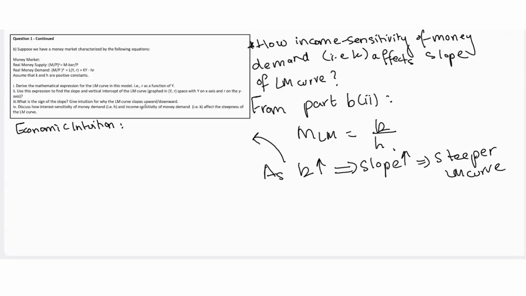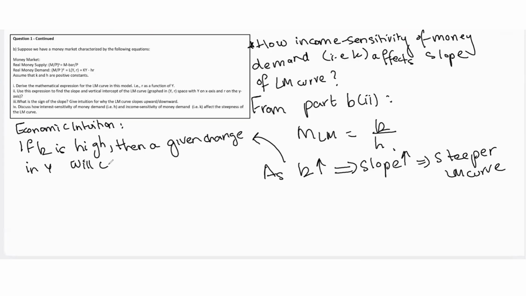So the economic intuition behind this is if k is high, the income sensitivity of money demand is high, then a given change in Y will cause a big increase in money demand.